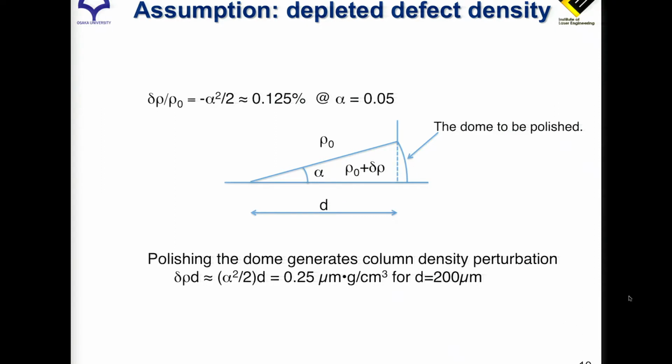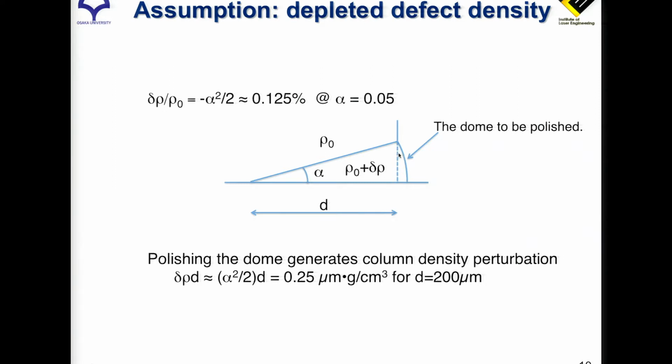And the final mathematics is an assumption. I assumed that since there is a dome, that means the volume is larger than usual. So the density should be smaller than average. So I assume this dome part density is reduced.